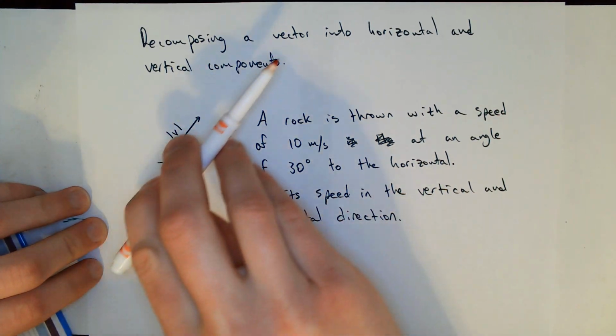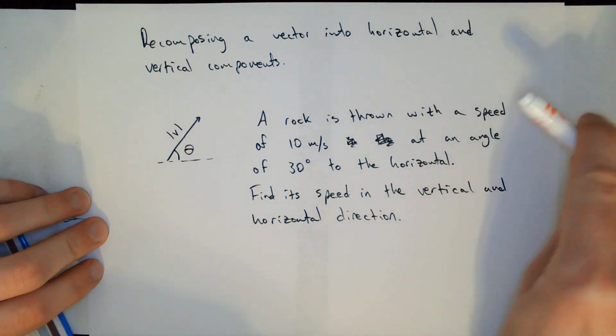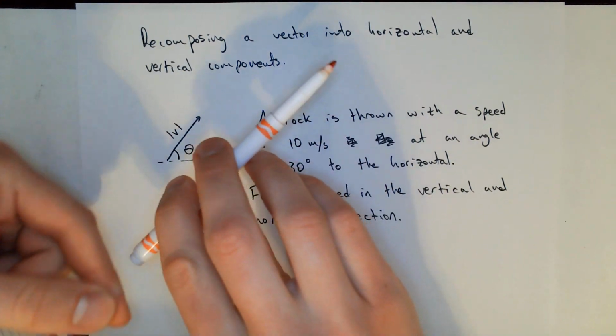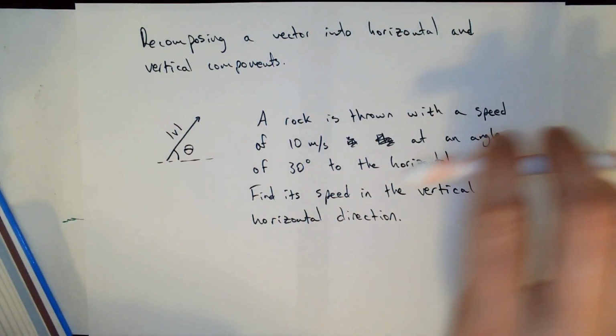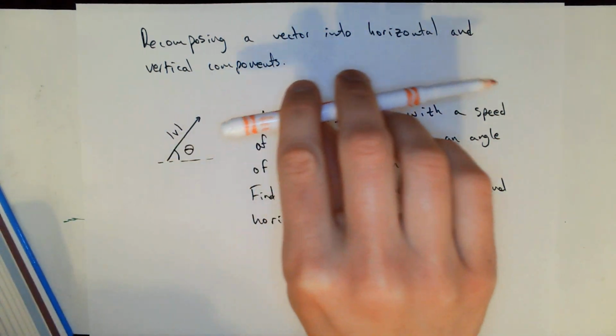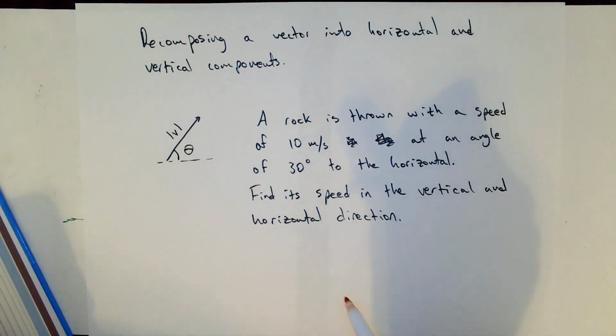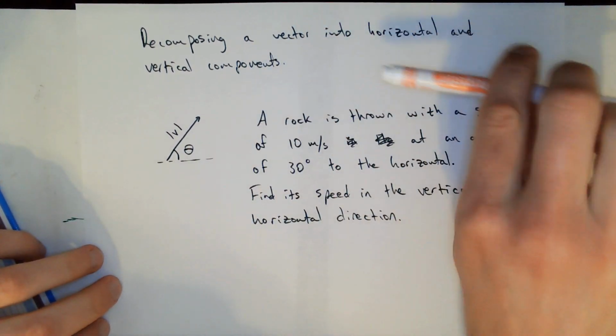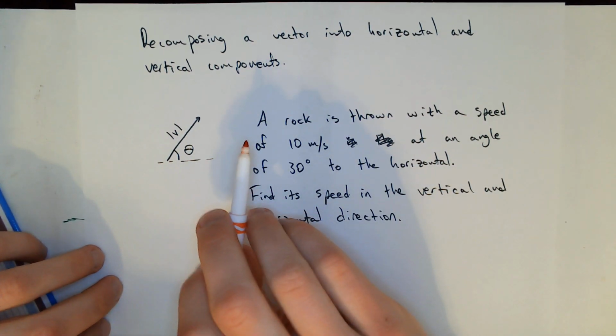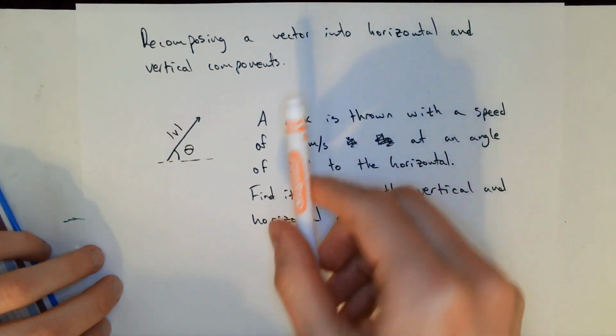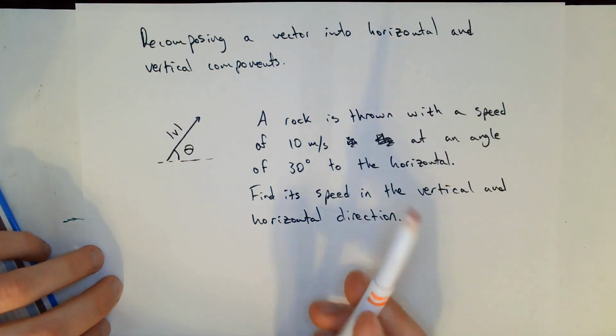It's never going to speed up because the rock doesn't have like a rocket attached to the back of it, and it's never going to slow down horizontally because there's nothing pushing back on it. Now its vertical speed is going to change because of gravity, right? Gravity pushes straight down, so its vertical speed will be changing.